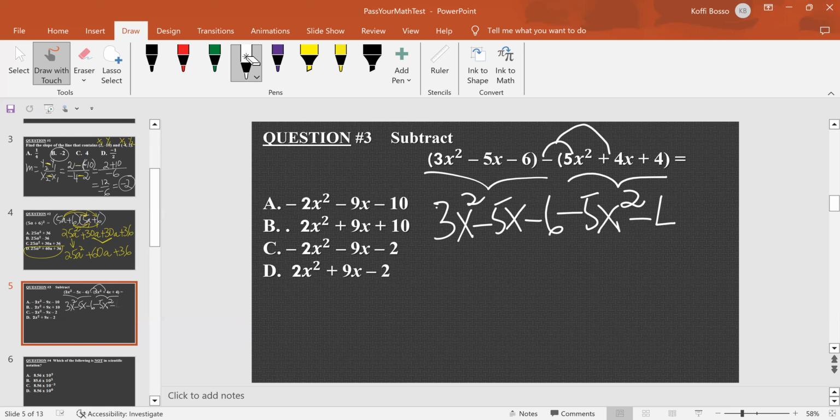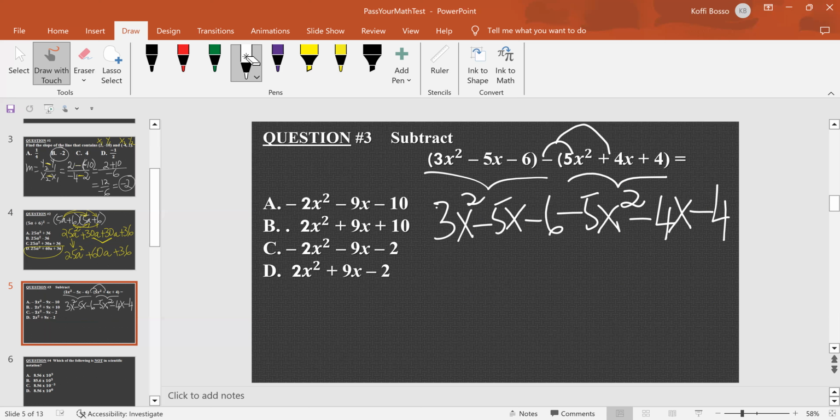So you have negative 4x minus 4. So again, understand that the negative sign in front of the bracket is like a negative 1. And that negative sign is multiplying the positive 5x inside the bracket. The same negative sign is multiplying the positive 4x in the bracket to turn it to negative 4x.